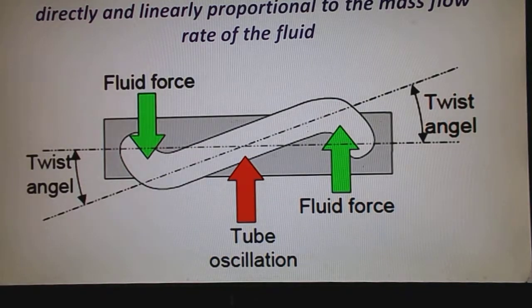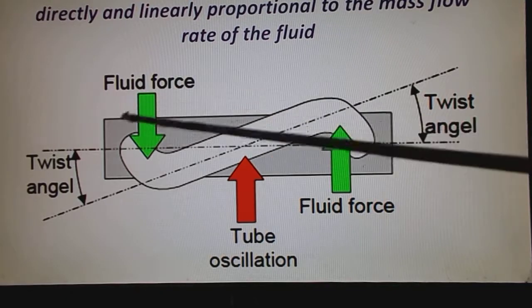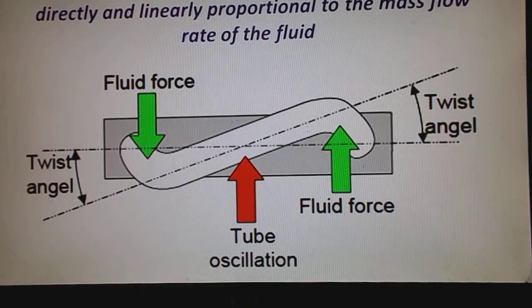So the complete loop is twisted by an amount that is directly and linearly proportional to the mass flow rate of the fluid. Here we have shown the tube oscillation direction upwards. When it is downwards, this force will reverse, and this twist angle shall also reverse.